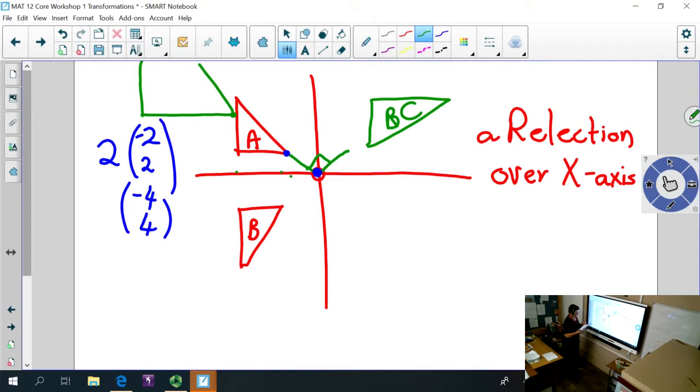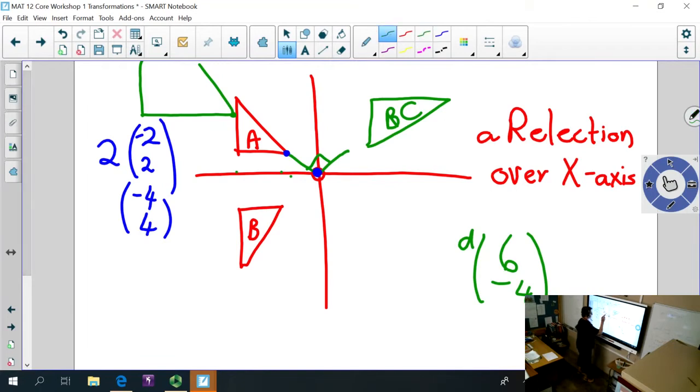The last one is translate A by the vector 6, -4, and label it E. Now 6, -4 means 6 to the right, 4 down. So I start here and I go 6 to the right, 2, 4, 6, and then 2, 4 down.